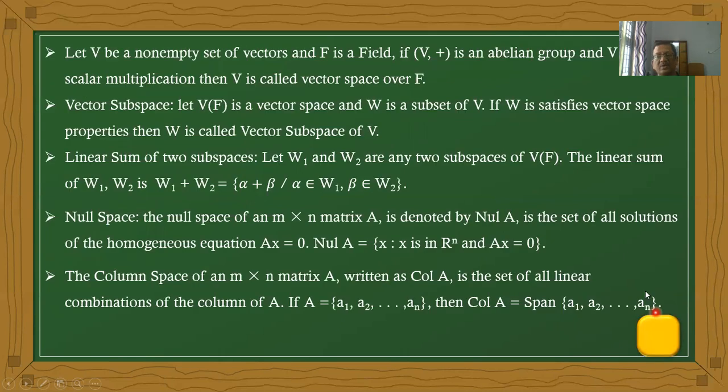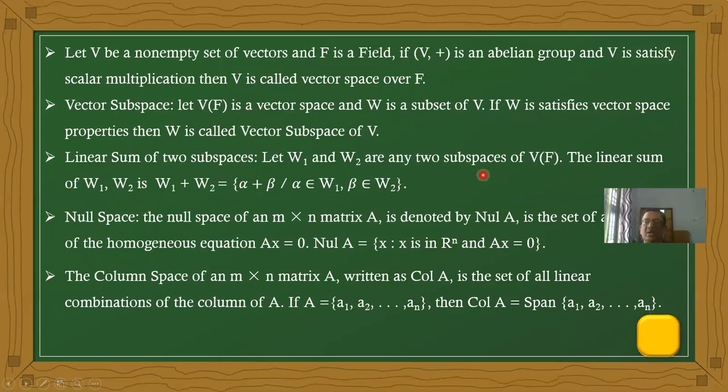Now we'll discuss what a vector space means. It is a basic concept, and everyone should know the definition. V is a non-empty set of vectors, and F is a field.